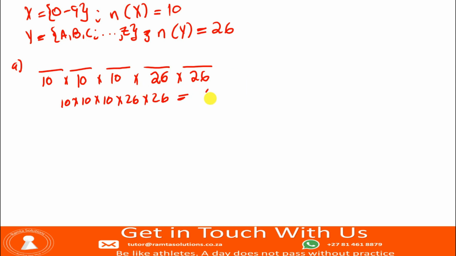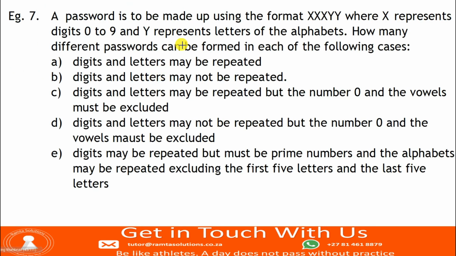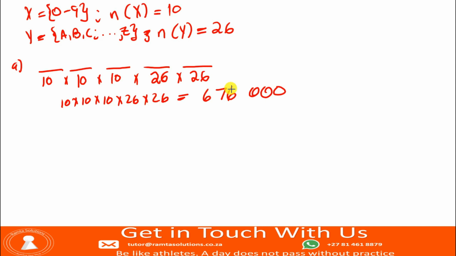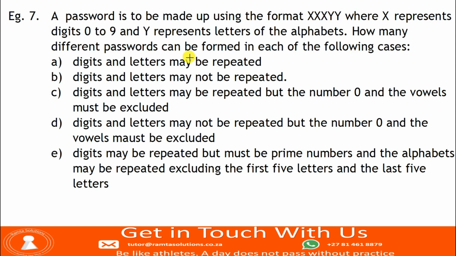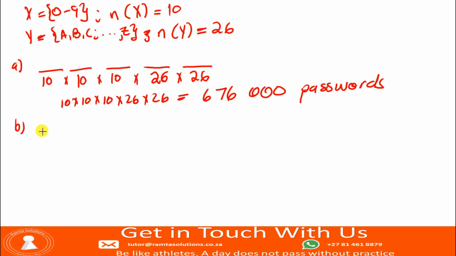This is 676,000. So what we have is 676,000 passwords. As simple as that. Number B, let's see. Digits and letters may not be repeated. Perfect. Remember 1, 2, 3, 4, 5.